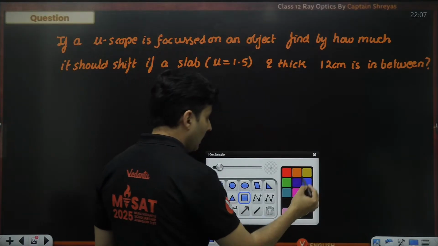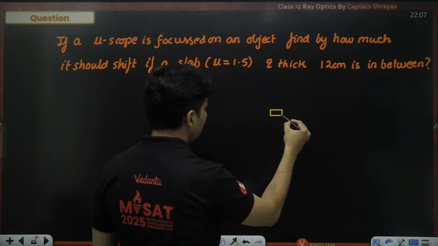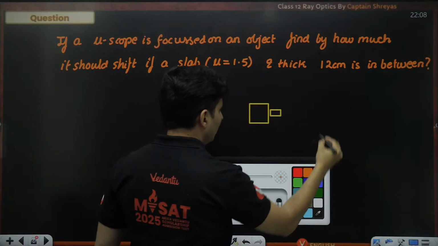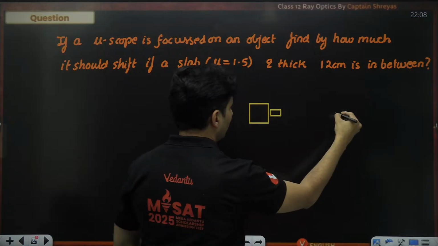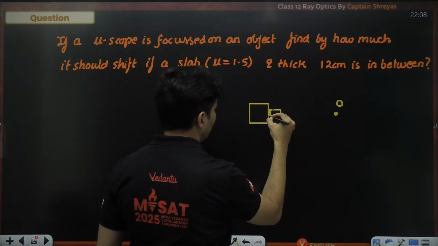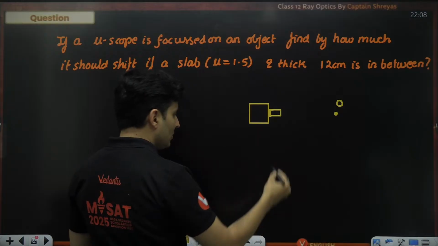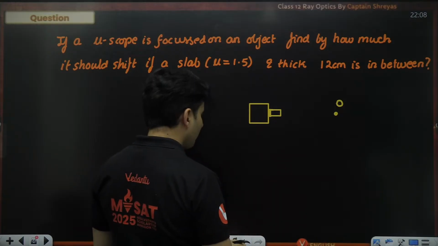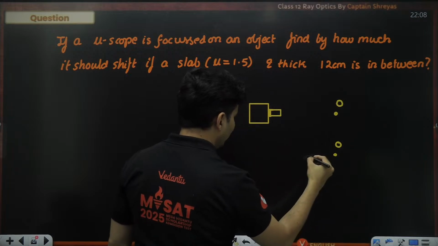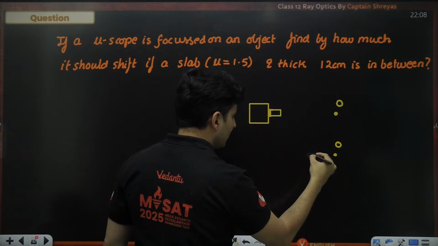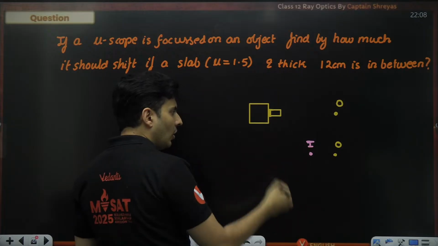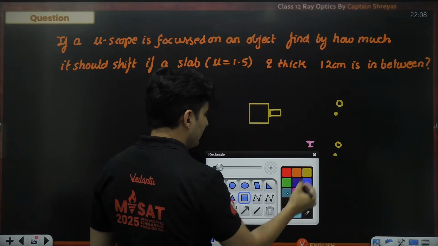See, there is a microscope. Maybe this is a microscope and it is focused on some object over here. This is that object. This is that microscope. Now, what happens is you are placing a glass slab in between. The moment you place a glass slab in between, this object will form an image somewhere over here. That image will now be the object because of that glass slab.